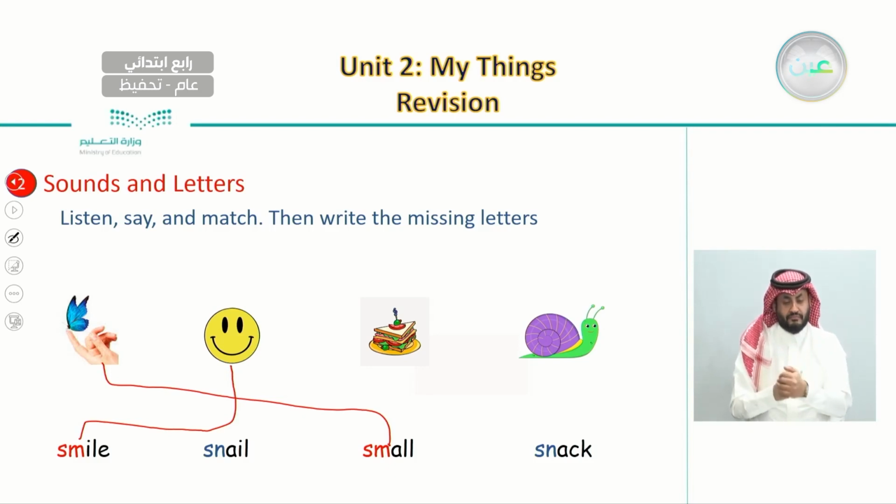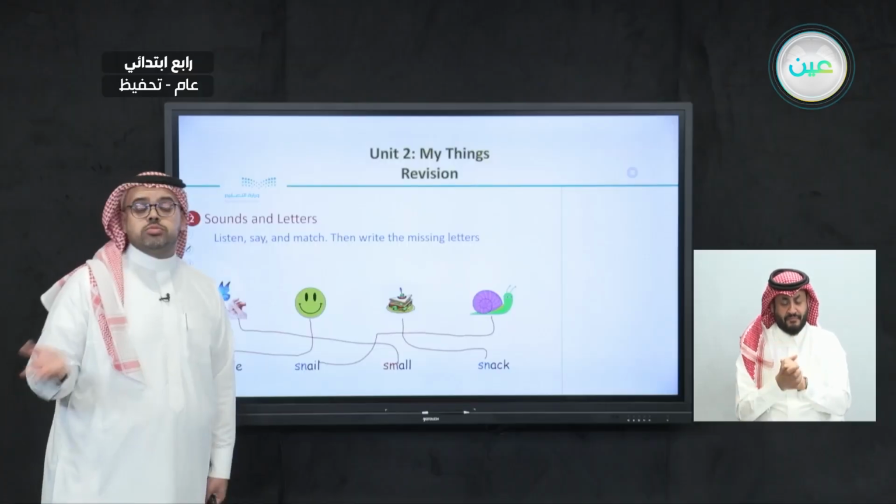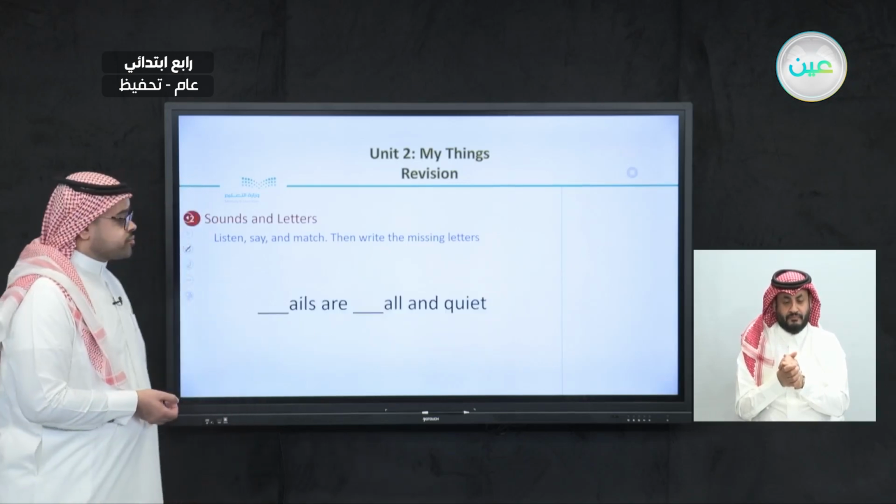Also the other word, which is snail, which means an animal, a small animal. And this will leave us with the last word, which is snack, which is something you usually eat between meals, between lunch, between dinner, and between breakfast.